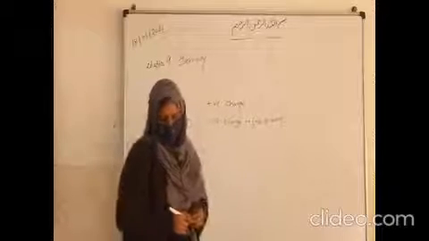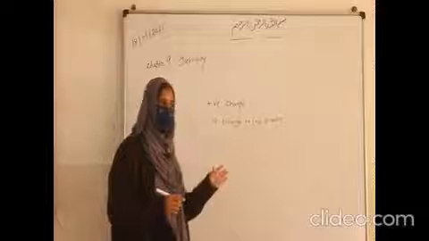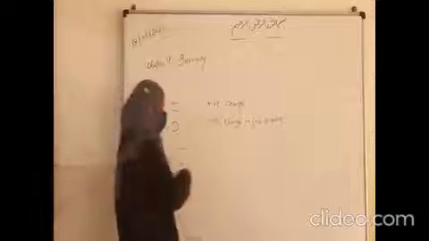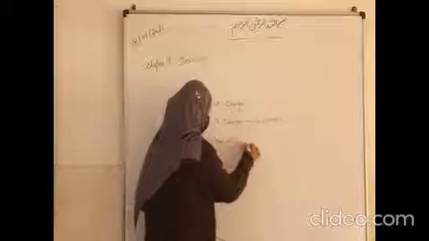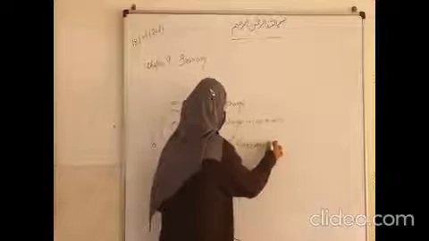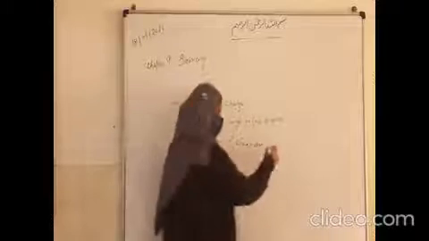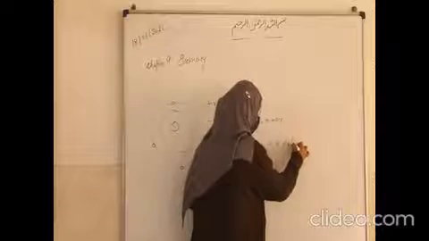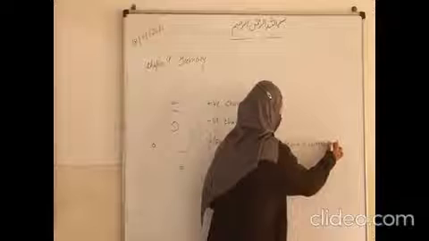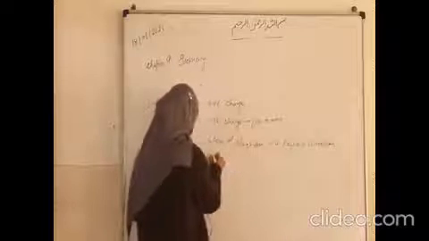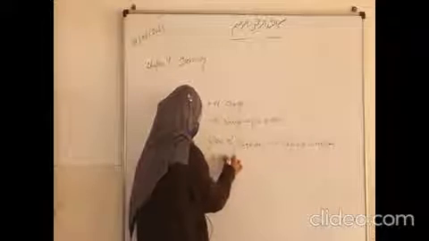So we can say that the flow of electrons in a definite direction is called electric current.